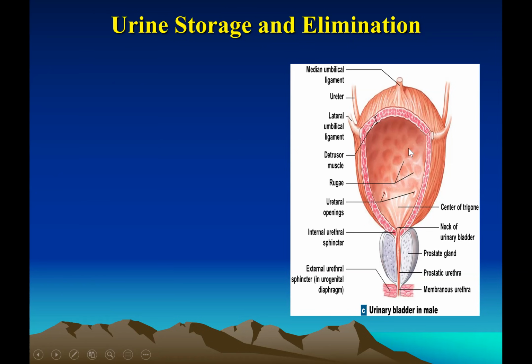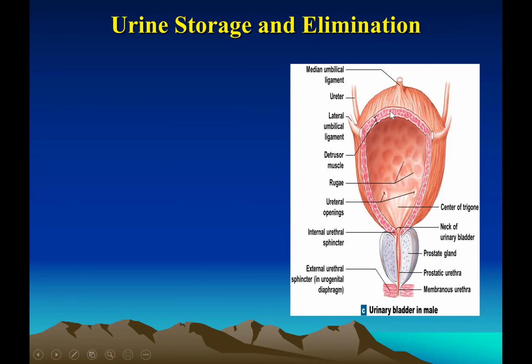So rugae is there. This region here, this triangular funnel-like structure, is called the trigone of the urinary bladder. It has the two ureters and the opening of the urethra. There's a sphincter here, the internal sphincter. So this is the trigone of the bladder.